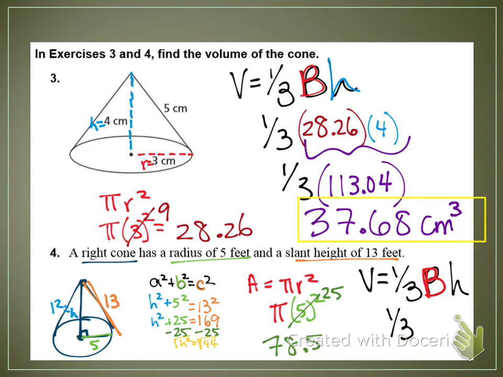So now I have 1/3 times the area of the base, which is 78.5. And then times the height, which we said was 12. Personally, I would do 1/3 of 12, which is 4, and then times 78.5. But you don't have to do that. Either way we do it, what do we get as our final volume? 314, and it is feet cubed.